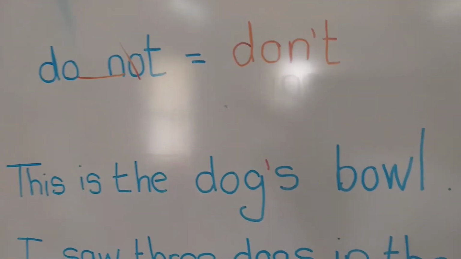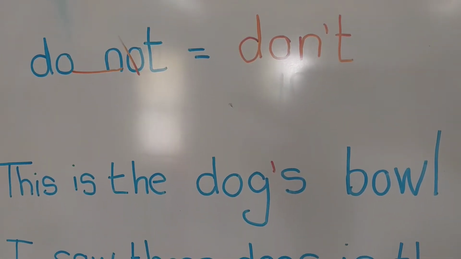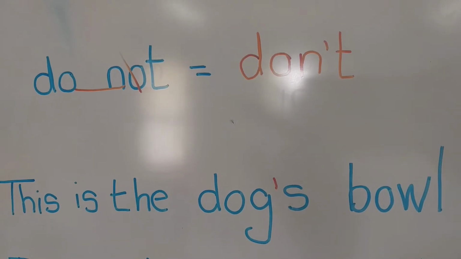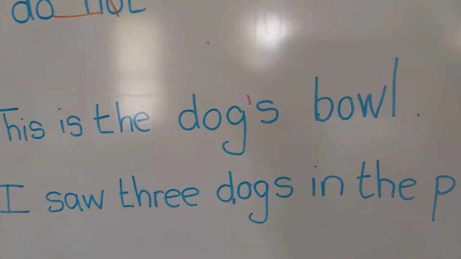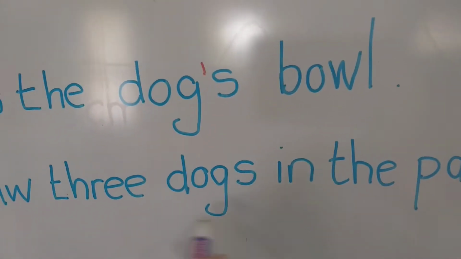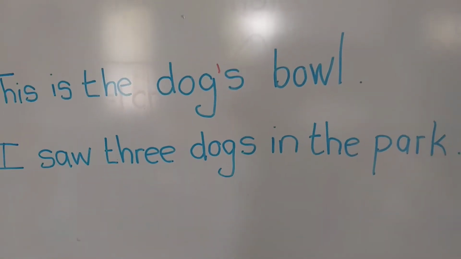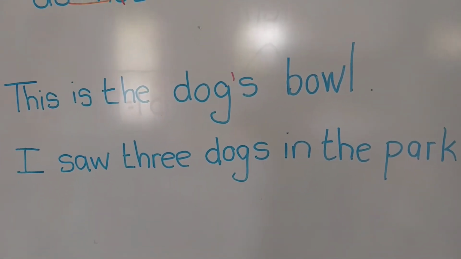Now we have an apostrophe to show possession so that we can distinguish between when we have an S in a word to show plural, in other words, more than one. So if you have a look at this sentence, I saw 3 dogs in the park.